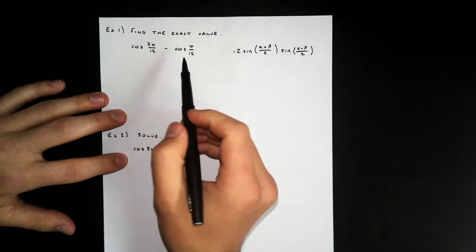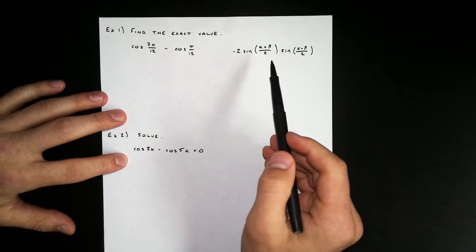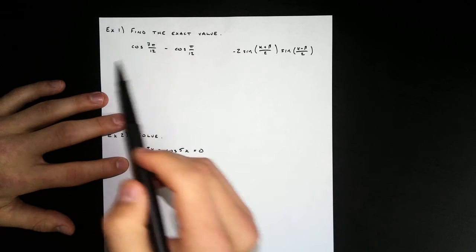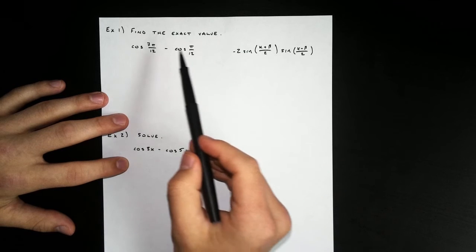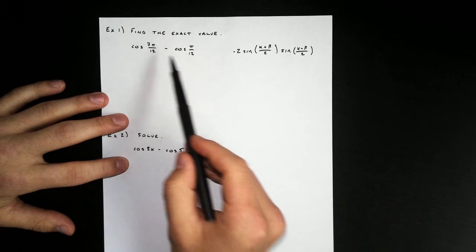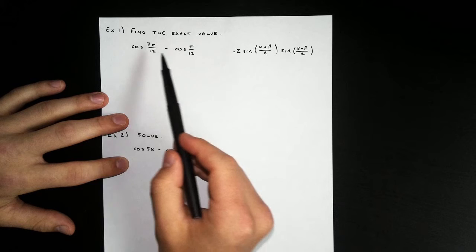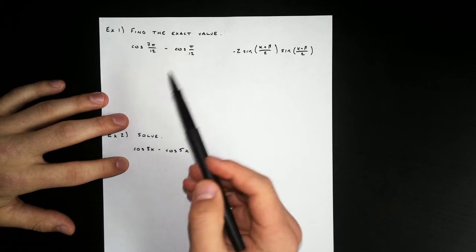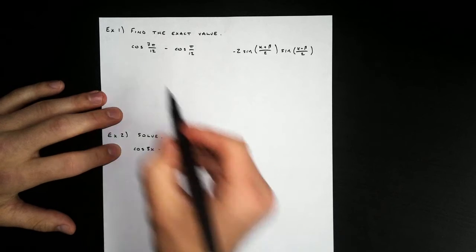All right, so thinking about this, much like we saw with our product to sum, these angles that we have here aren't ones that are normally on the unit circle, but if I add or subtract them, maybe that will give me something that is.